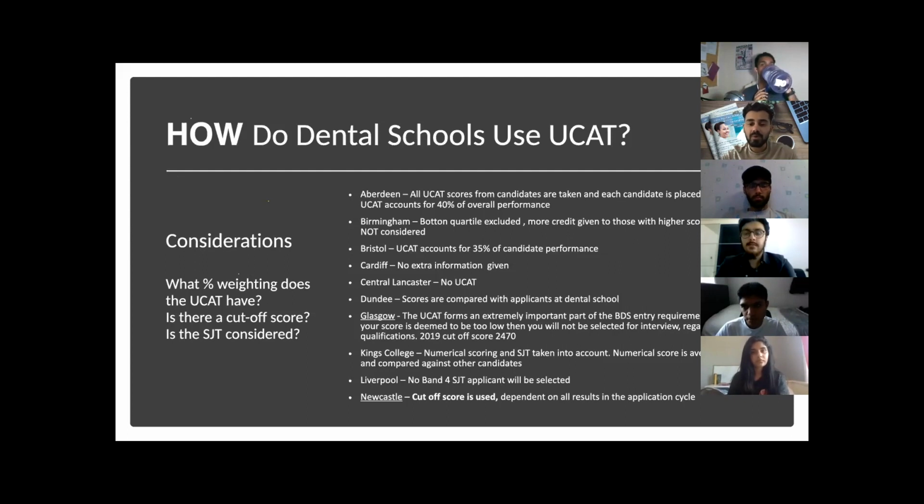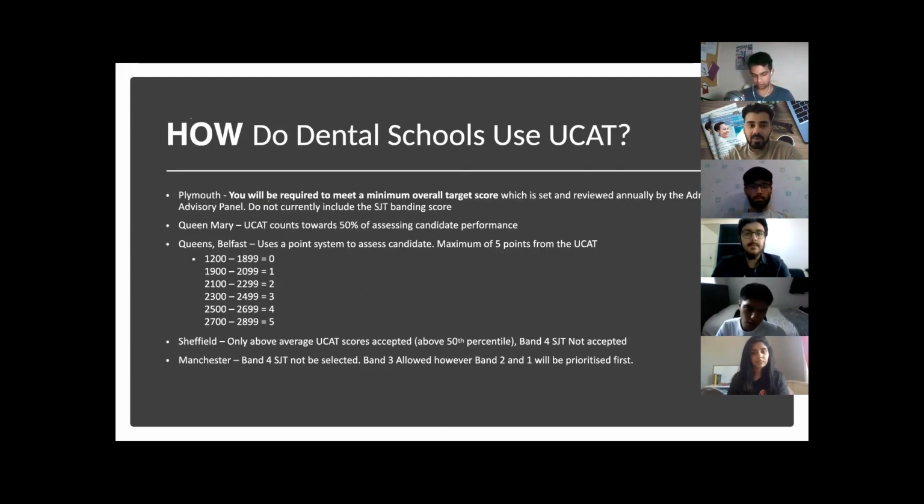So what's really important is that you're aware exactly how each dental school that you're applying to utilizes the score, and exactly which components they use. In addition to that, we can also see some other universities. You may be familiar with some of these universities. The SJT does form a fifth of the actual UCAT test, and certain universities do place a weighting on this.